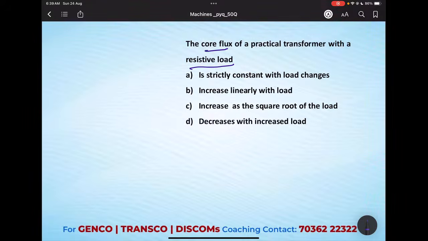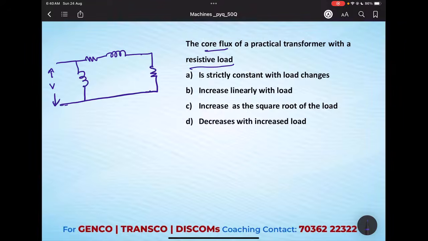We will write down a simple equivalent circuit of the transformer. We are neglecting all small parameters, and only the required parameters we are taking into consideration. Let the applied voltage be V. These are the shunt parameters XM, R equivalent, jX equivalent.